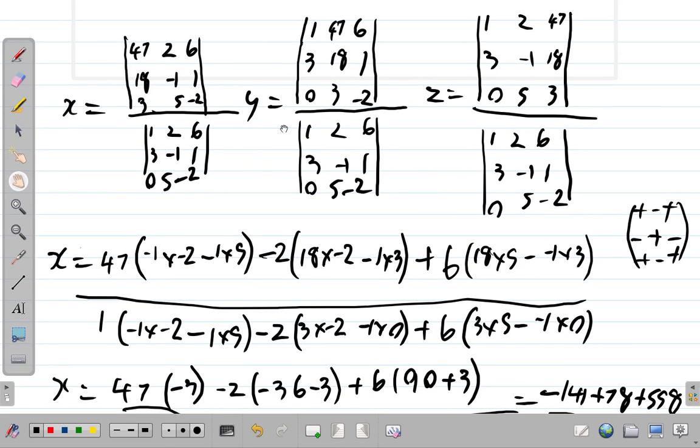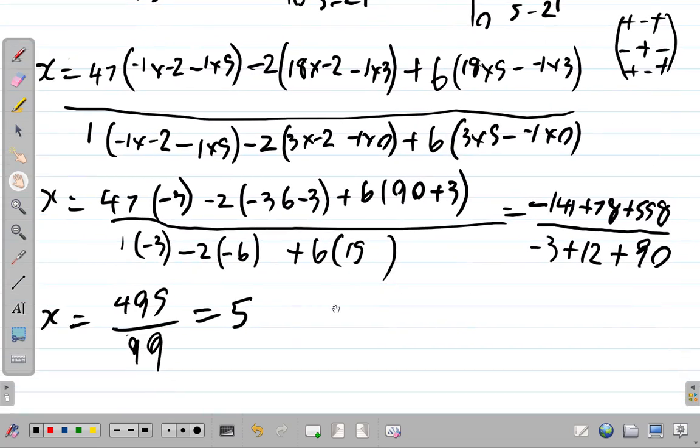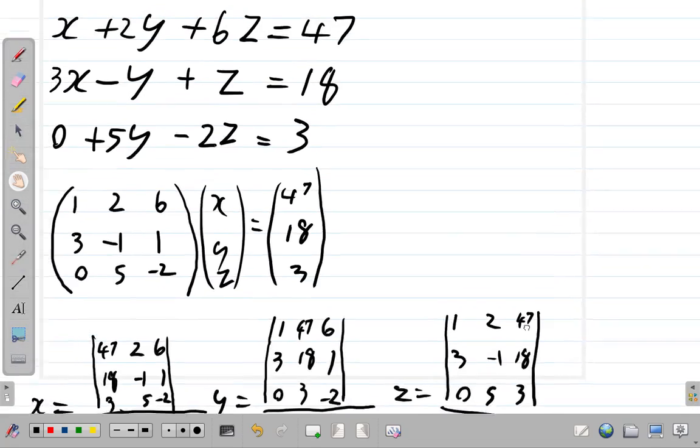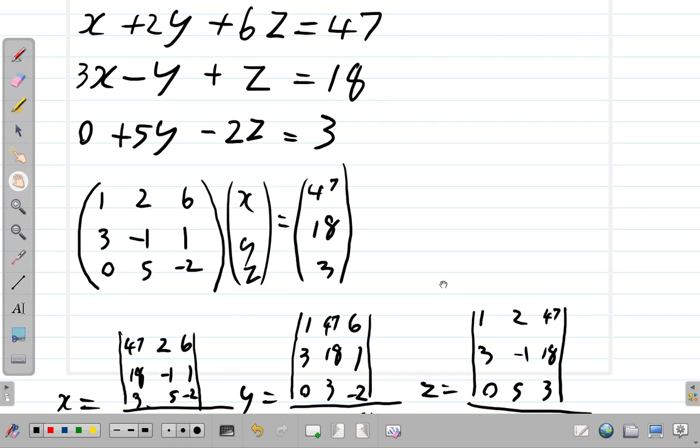Now, we see y is 147.6. In fact, let's just write down x up here. We have x, the answer for x equals 5, that's what we got.